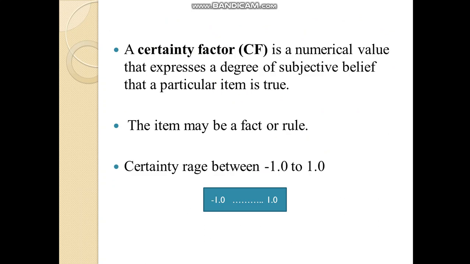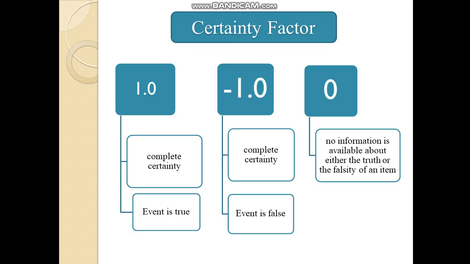A certainty factor is a numerical value that expresses a degree of subjective belief that a particular item is true. The item may be a fact or a rule. The certainty range is between -1 and +1. If the certainty factor is 1, then there is complete certainty that the event is true.